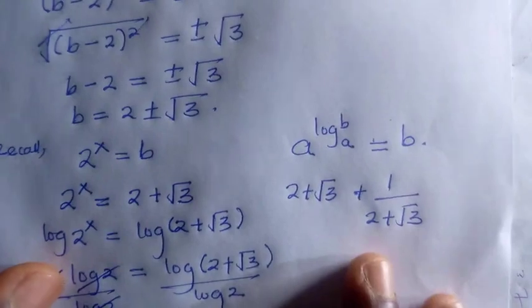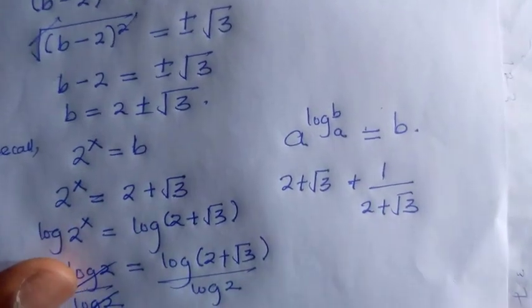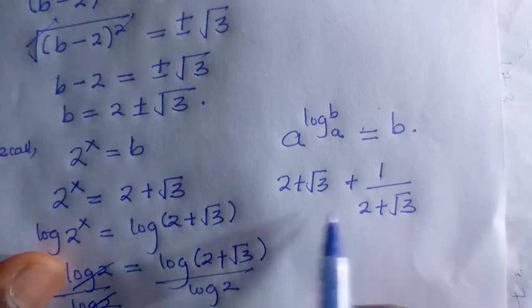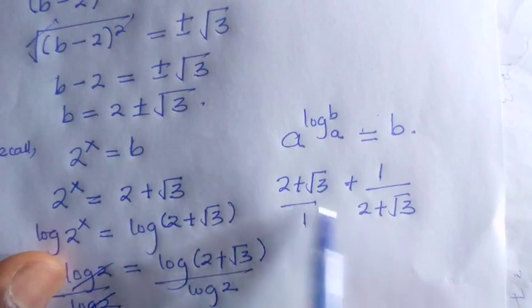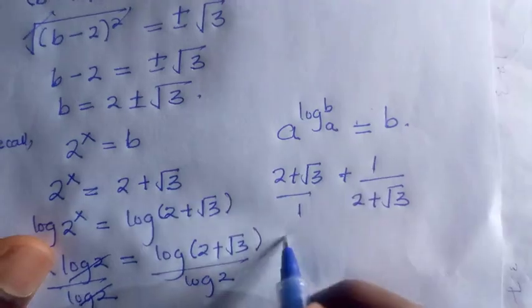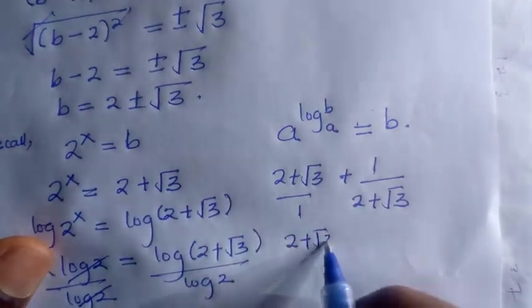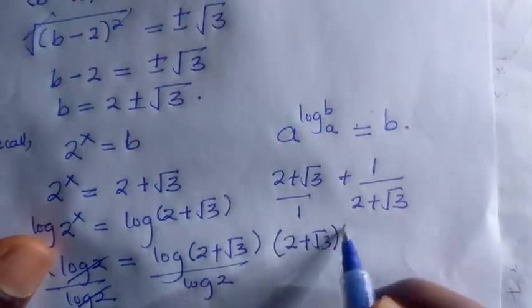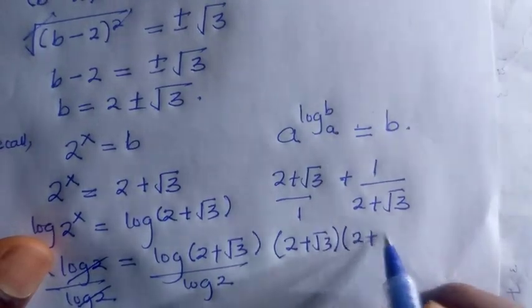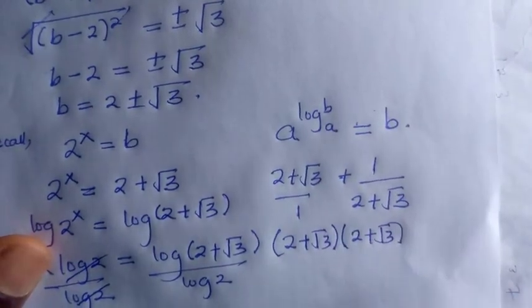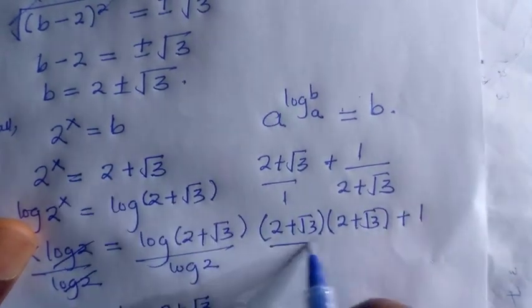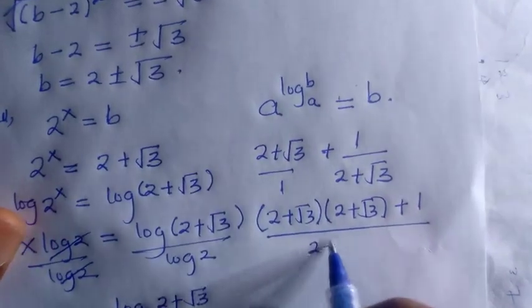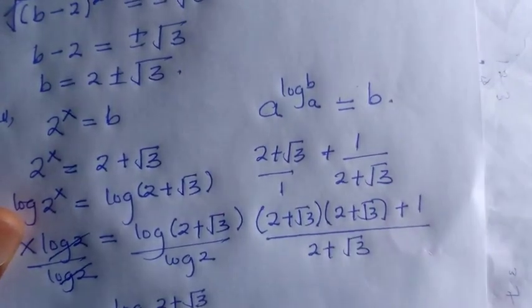So we want to verify if this equals 4. By dividing this one by 1, we find the LCM. When we multiply this together, we have 2 plus root 3 open bracket 2 plus root 3, then plus 1, divided by 2 plus root 3.